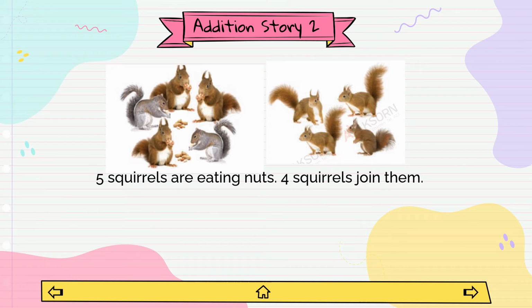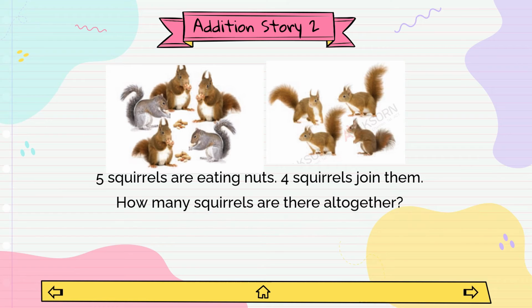The second step of an addition story is we're going to make a question. So how many squirrels are there altogether? That should be our question.